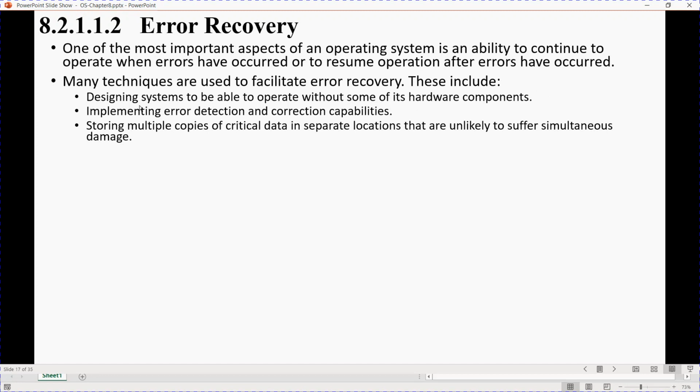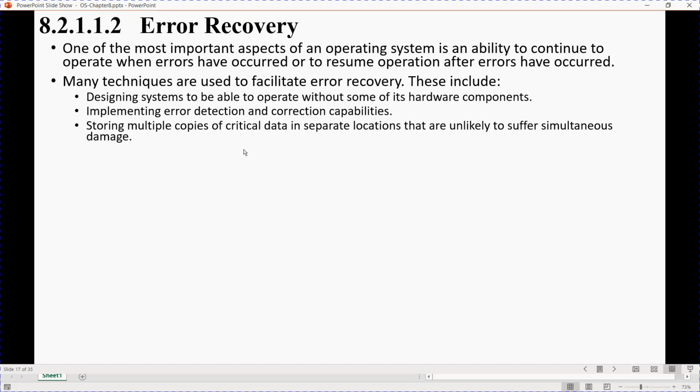They're designed, first of all, to operate without some of the hardware components. If something fails, the system can still continue functioning. Of course, it's essential to be able to identify when an error has occurred and to correct the errors after identifying that they have occurred.